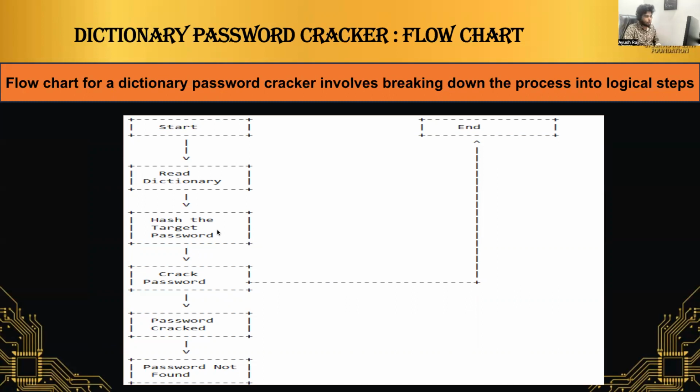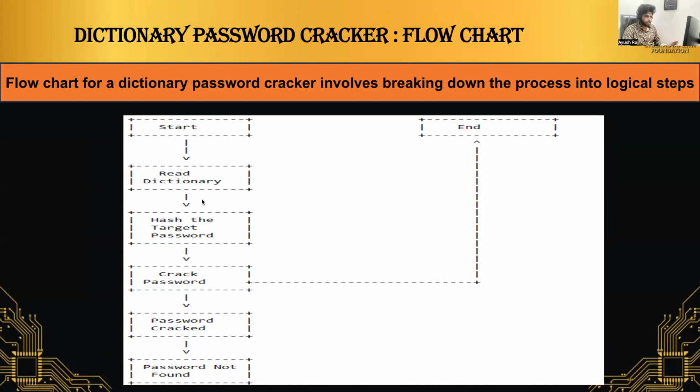So you now know that a dictionary is being used there. It will read the dictionary and make it compatible for the code so that we can perform the process.